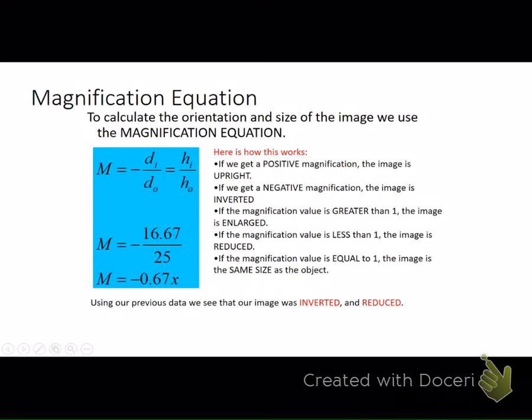It's negative DI over DO. Or we could take a ratio of the image height to the object height. Now that comes from the ray diagrams. So from the if I do, I die equation, the information you're probably going to have is DI and DO. But again, don't forget your negative sign.